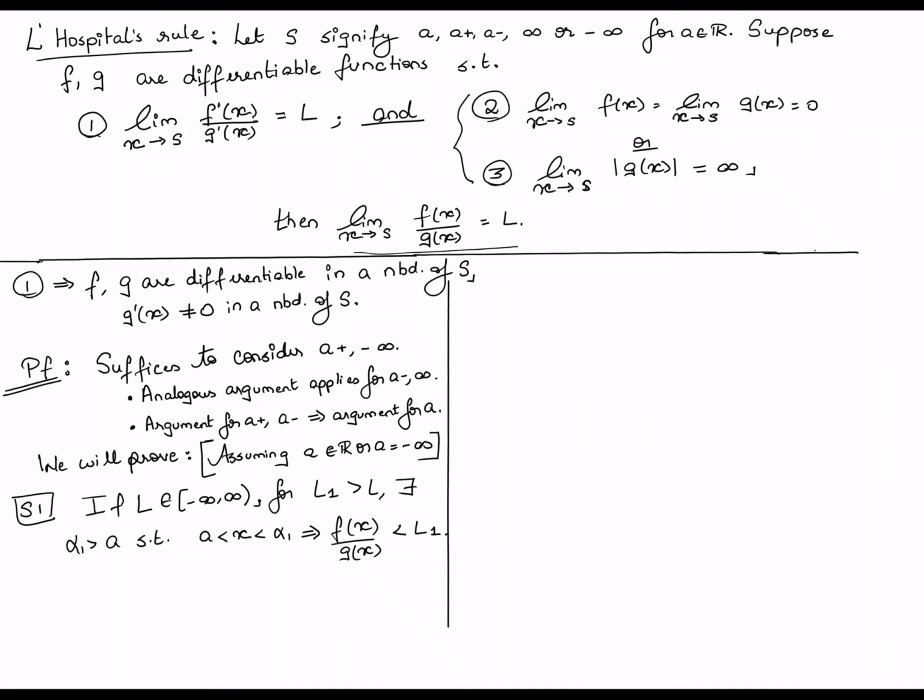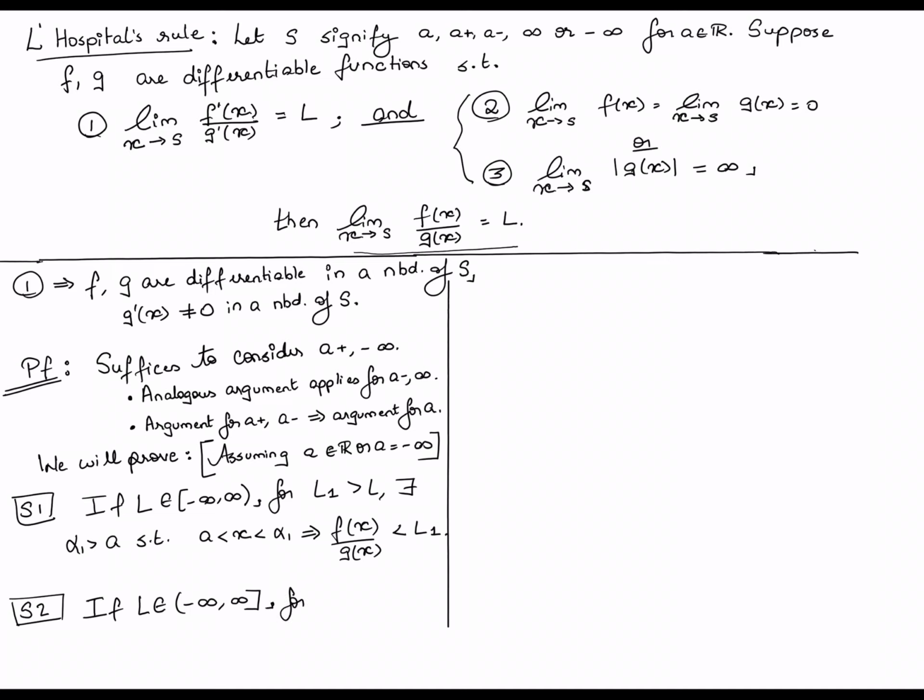The other statement is, of course, the lower bound. So that's statement 2. If L lies here, right? You don't need to prove a lower bound if L is minus infinity.